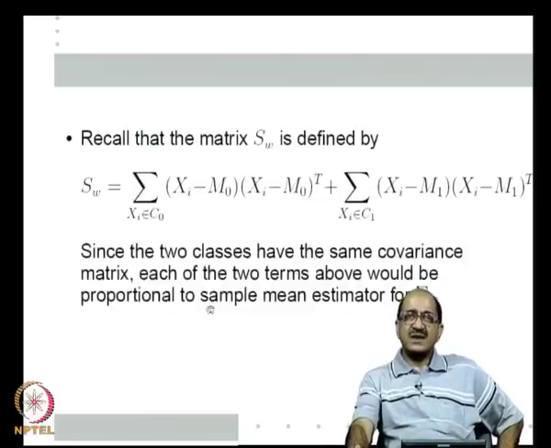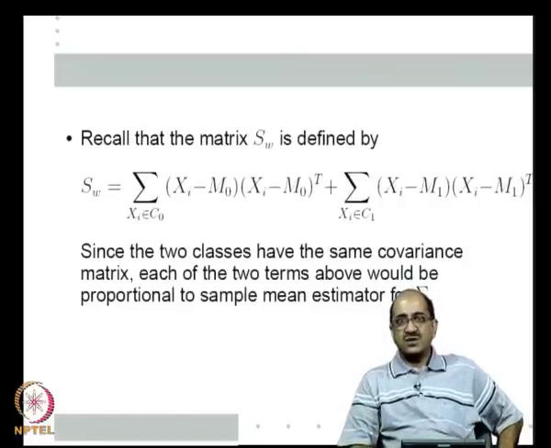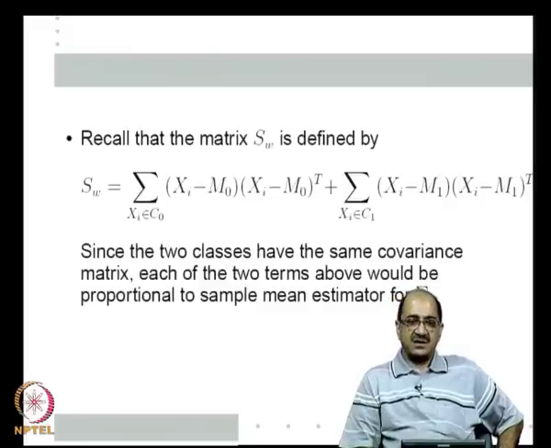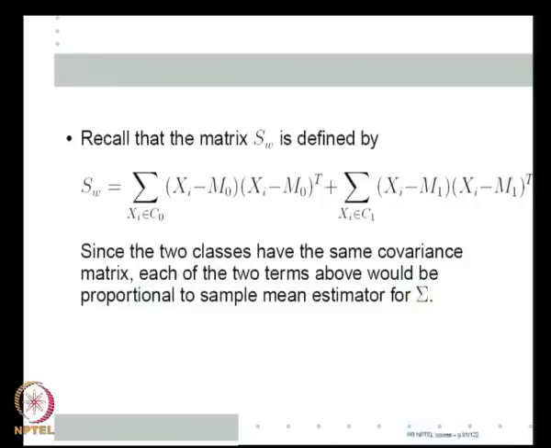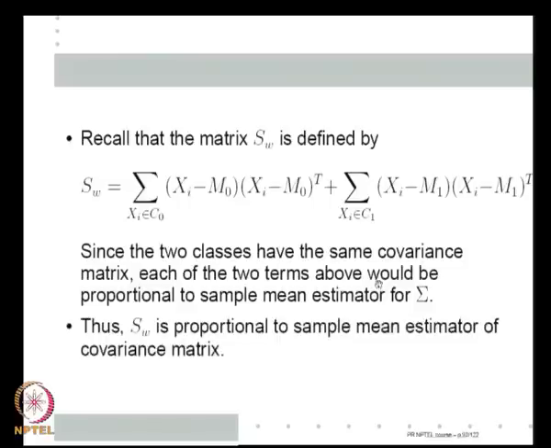Since the classes have the same covariance matrix, each of the two terms above would be proportional to the same sample covariance estimator. So, the first term will be some A times sigma hat and the second term will be some B times sigma hat. So, essentially S_W will be proportional to sigma hat.